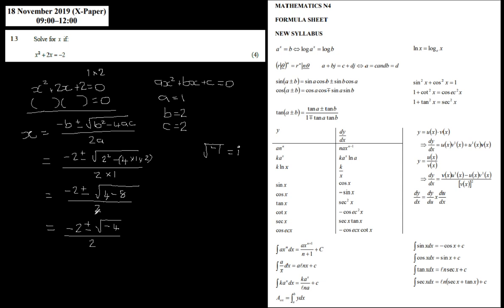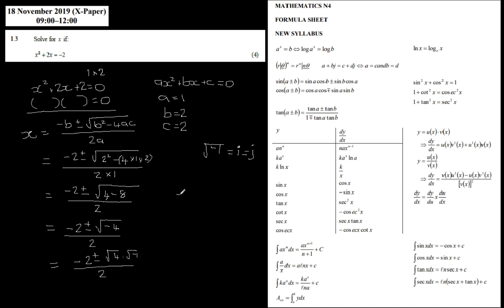So what I need to do is take out the negative underneath the root and write it as an i value, or a j value if you prefer to have it as a j. So this will be minus 2 plus minus the root of 4 multiplied with the root of minus 1, and that will then be over 2.